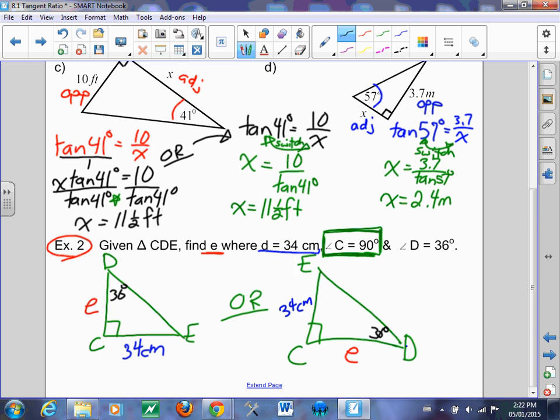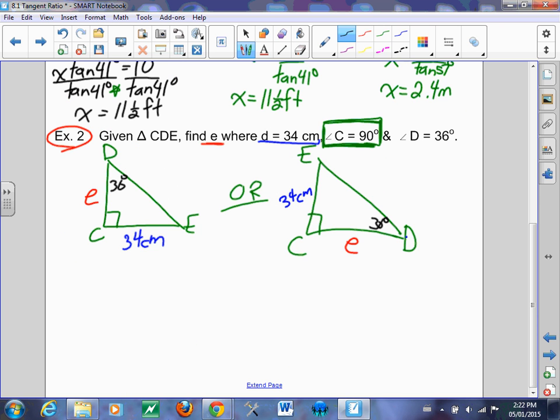Although these triangles look very different, folks, in terms of their order, as soon as we identify opposite and adjacent, you're going to find they're the same. So if this is my angle of reference, folks, my opposite side is 34 and my adjacent side is E. Look at my second triangle here. This is my angle of reference, this is my opposite side, and this is my adjacent side. So it doesn't matter which triangle you set up, you're going to do the same thing.